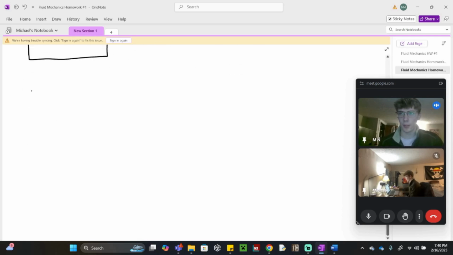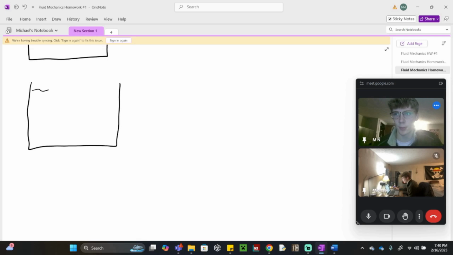I'm going to scroll down and create another diagram. So here we have another tank filled with a fluid of constant density rho. However, in this tank, we now have a rectangular prism at depth h, with a differential height of dh and a cross-sectional area of A. We are working in statics, so the rectangular prism is not moving, and the fluid inside the tank is also not moving.